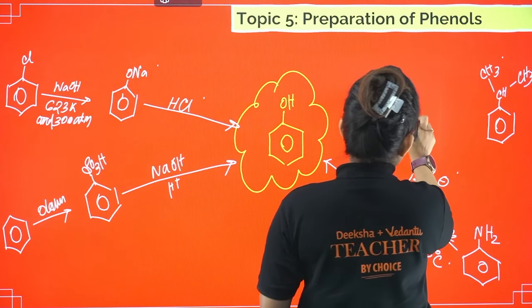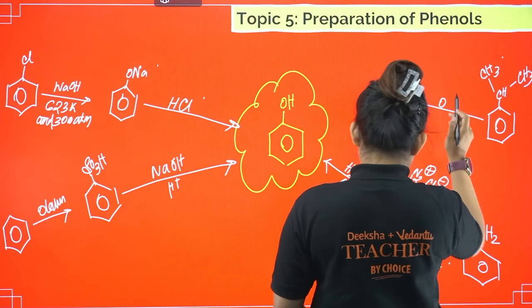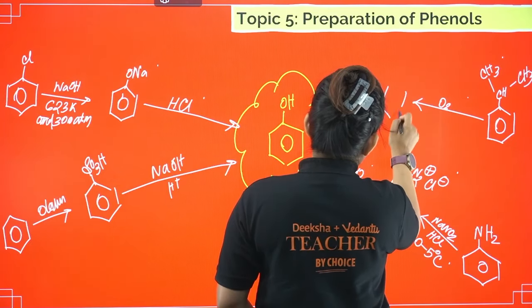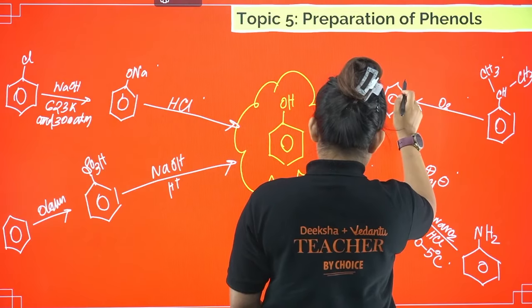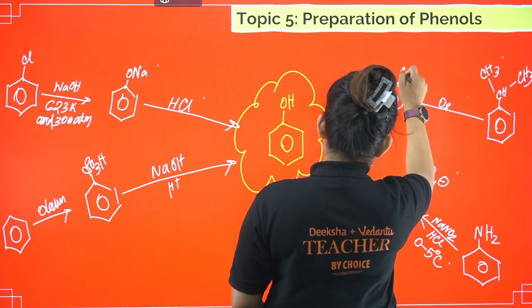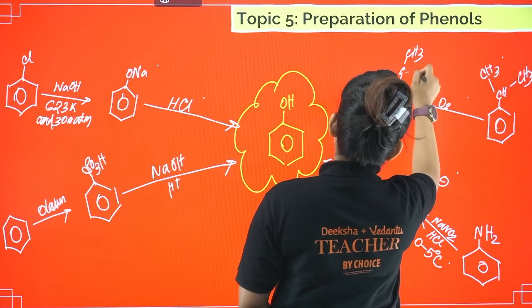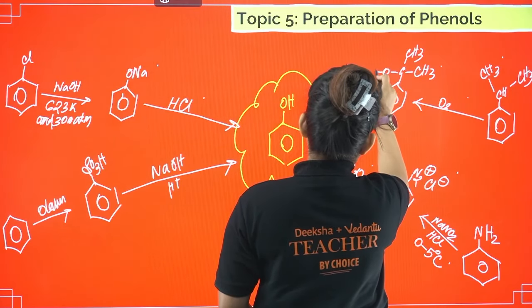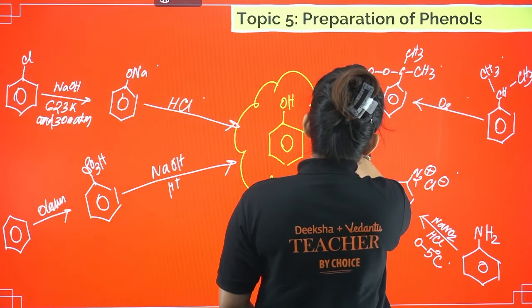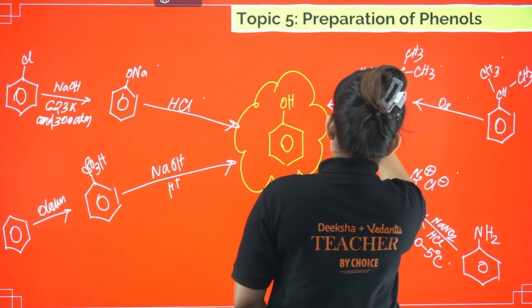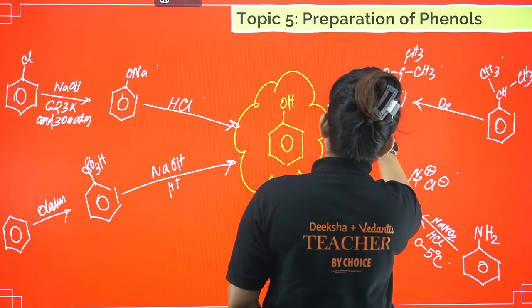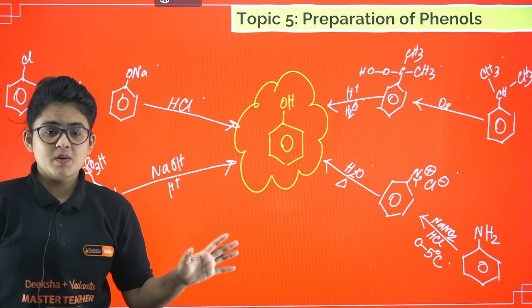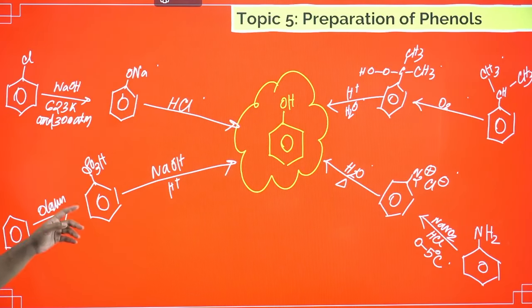If you give O2, you will end up with some peroxide compound, with OH. Now from here to phenol, you can simply give some acid in the presence of water. Aqueous workup you can do. So this is your cumene to phenol synthesis. So this is all about the preparation of phenol. I guess it's clear to you.